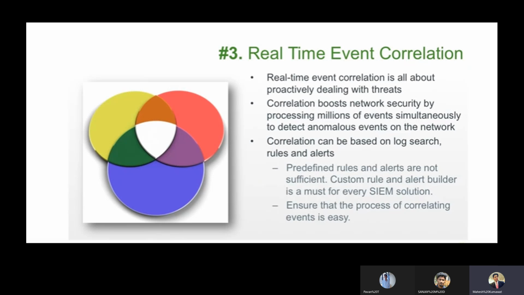Correlation can be focused based on log search rules and alerts. The predefined rules and alerts are not sufficient, so an alert builder is a must for every SIEM solution. Ensure that the process of correlating events is easy.